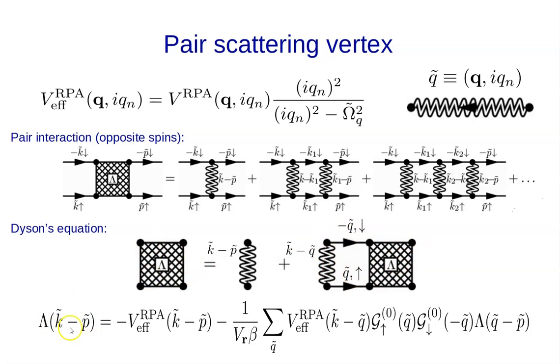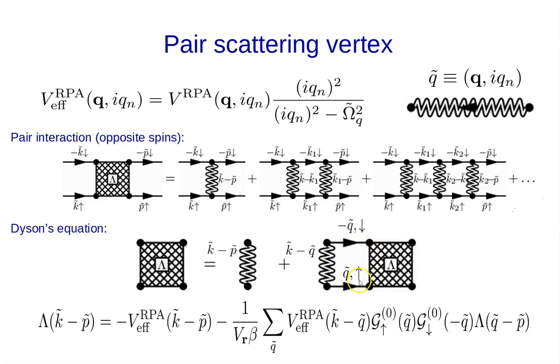So whatever I'm calling here lambda of, say, K minus P is V minus effective, and here is going to be lambda of Q minus P, right? P is whatever's coming in this line there, minus P there, okay?